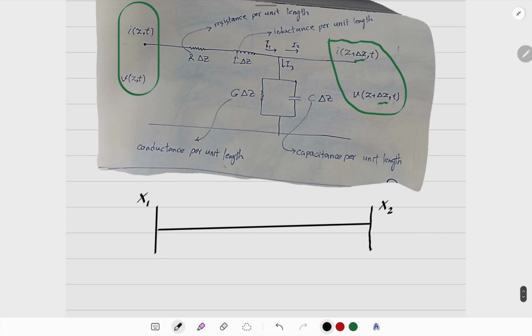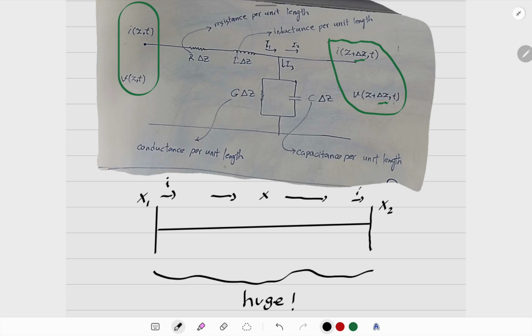The difference between x1 and x2 is a very huge one. For huge length differences, if we send a particular current, we don't see the same current even if we don't have any resistance or other devices here. So the same current does not go in and come out at the end.